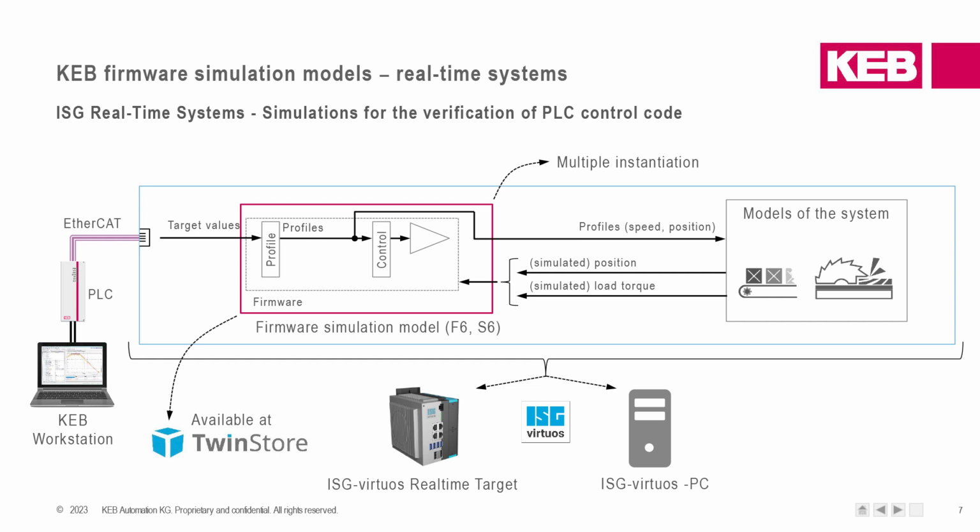We have a real-time target system, in this case from the company ISG with the ISG Virtuos simulation tool environment, and an ISG Virtuos personal computer where the tools are running. The output of the firmware simulation model to the system of our customers can be profiles like speed and position. The feedback is given as well and goes back to our simulation models.